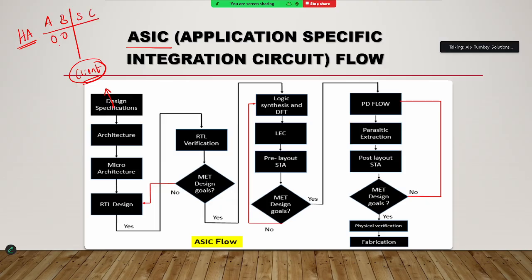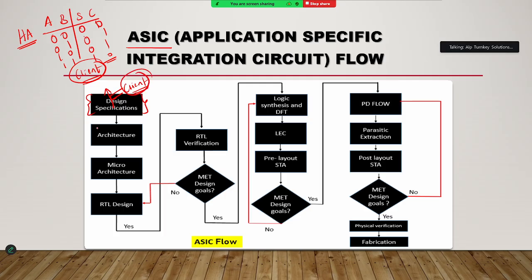The behavior of a half adder is that it adds one bit and produces the sum and carry. The specification also includes how much power it will take and the clock frequency. All those specifications will be given by the client. This is design specification.